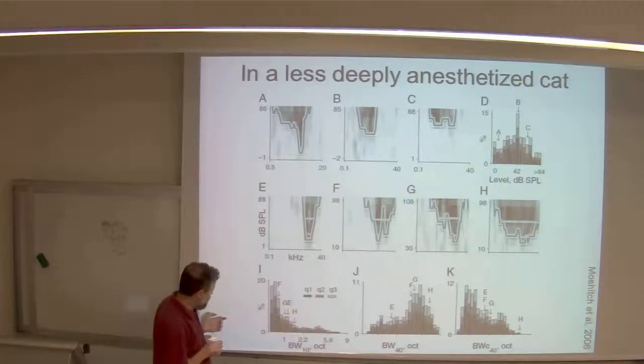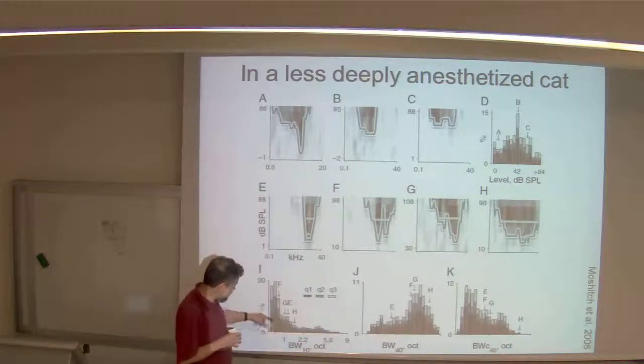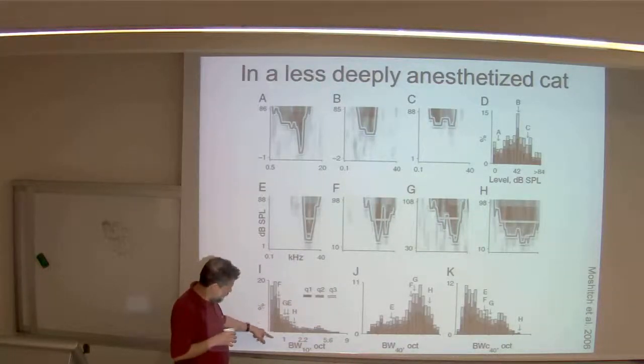We used a different measure, but the Q10 of 5.6 would be about here. The BW10 is about 1 over Q10. So a Q10 of the order of 1.6 would be here.